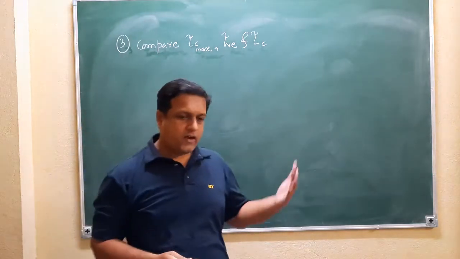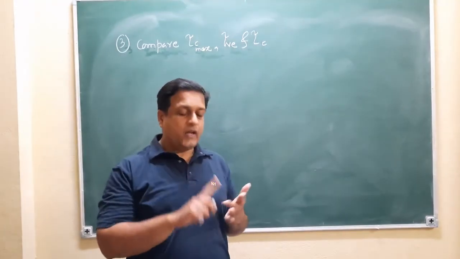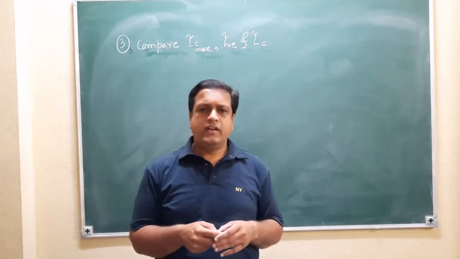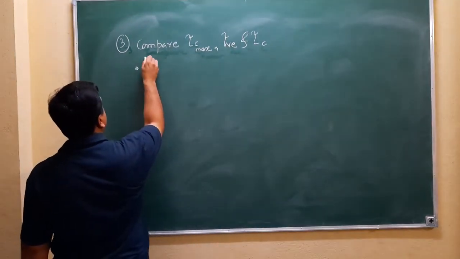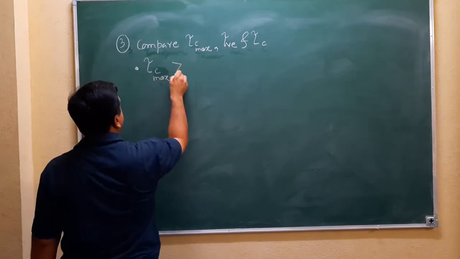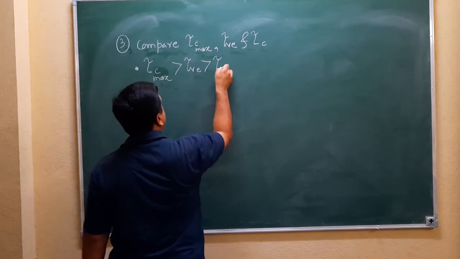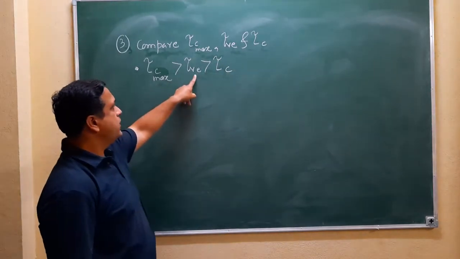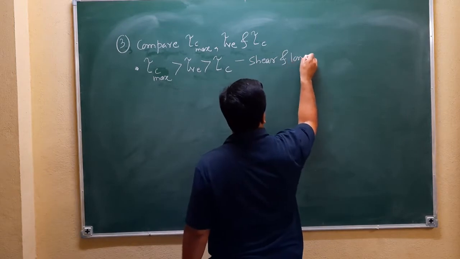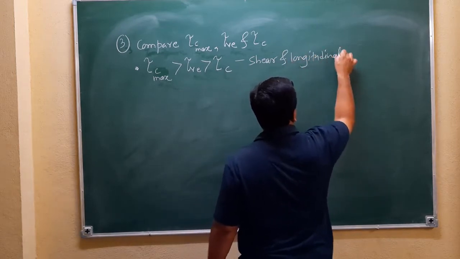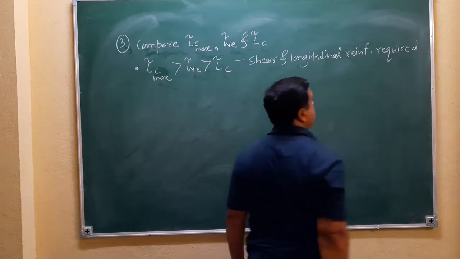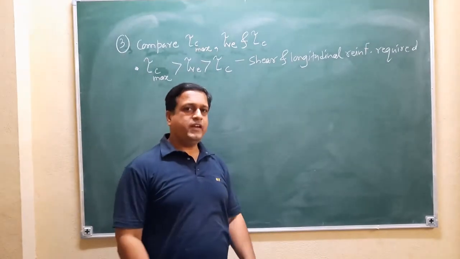In step number 2, we calculated tau VE and tau c max, and in step number 3 you have to compare these three stresses and decide. First, when tau c max is more than tau VE, which is more than tau c, both shear and longitudinal reinforcement are required.